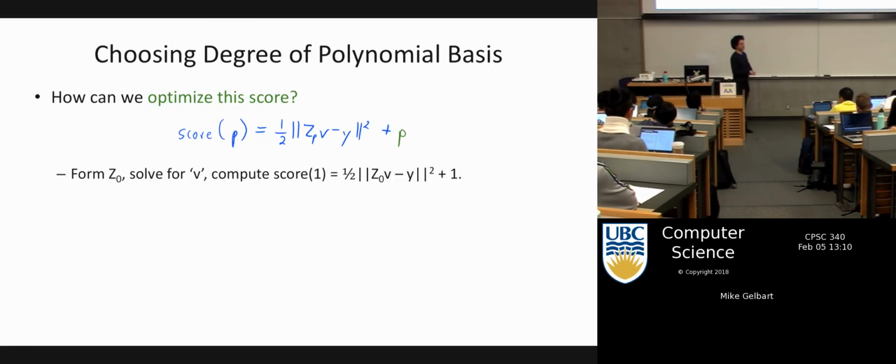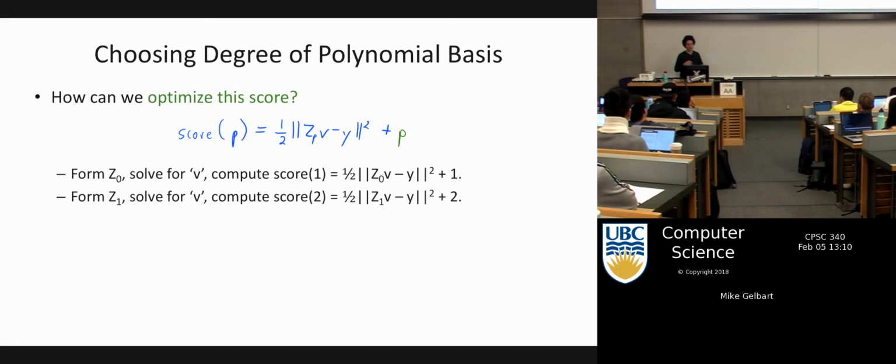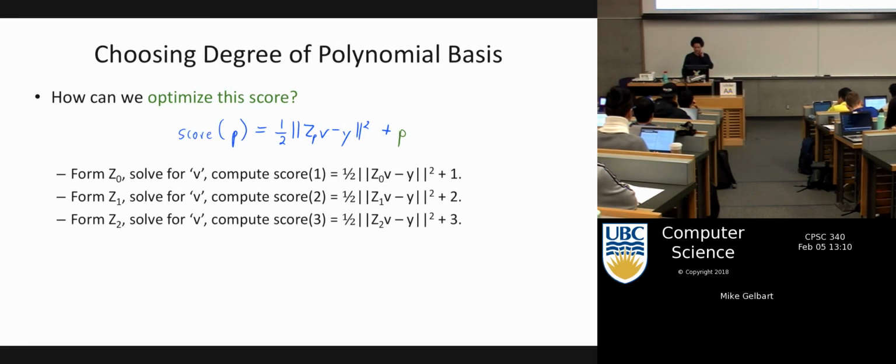One way we could solve this thing, or minimize the loss, is we can just set p equal to 1. Now we can use the normal equations or whatever, do our usual fit, get the score, and then add 1 to it. Or we can set p equals 2, form the features, train in the usual way, report the error, and then add the penalty 2, 3, and so on.